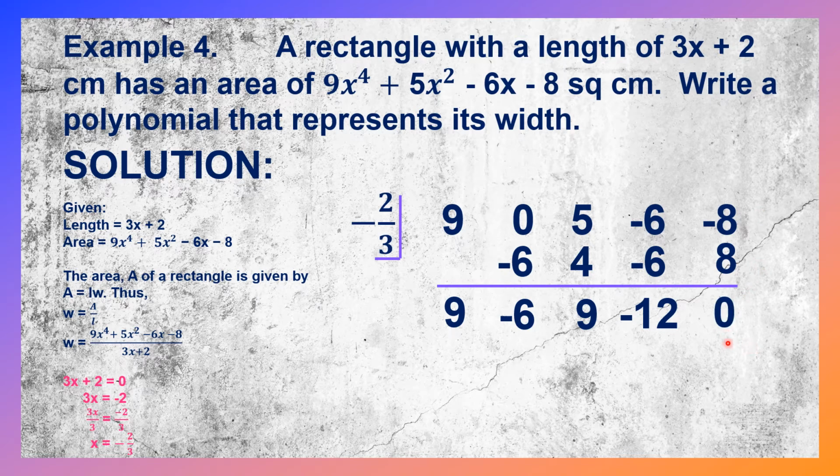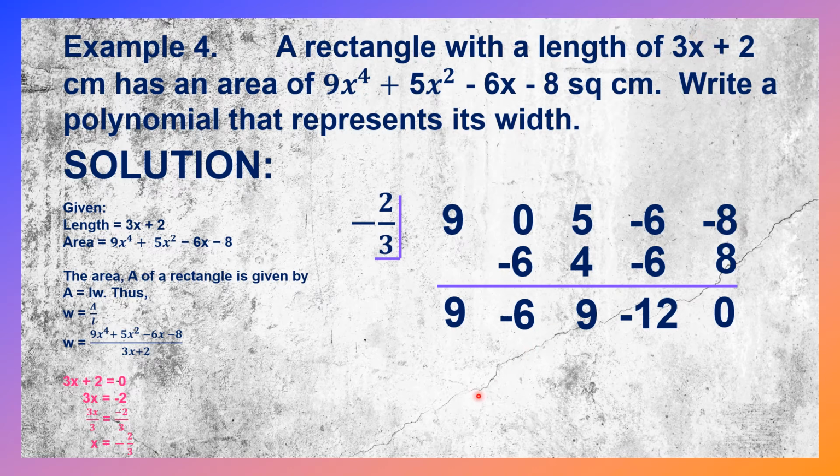So we don't have a remainder in this example because the last term is 0. To write our quotient, the first degree of our quotient is 3. Why? Because 4 minus 1 is 3.